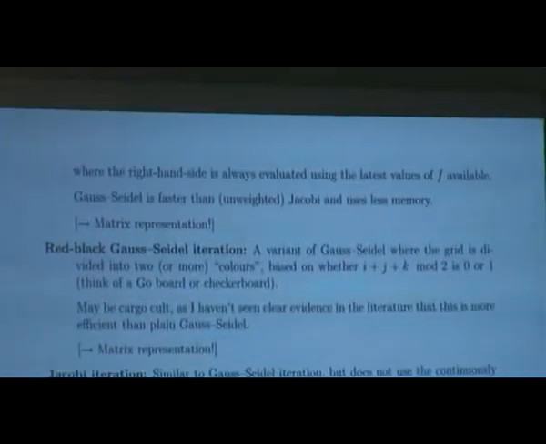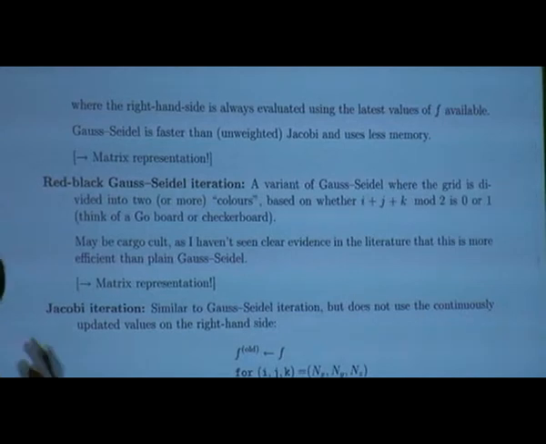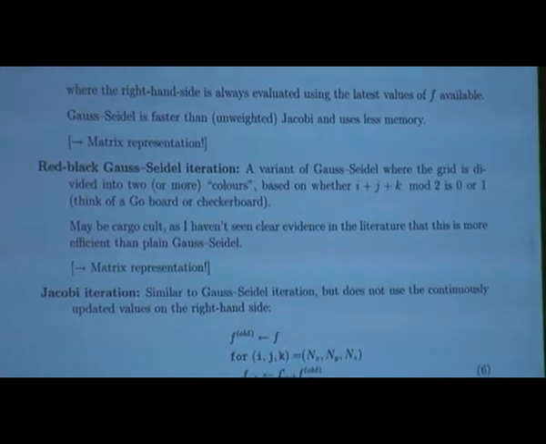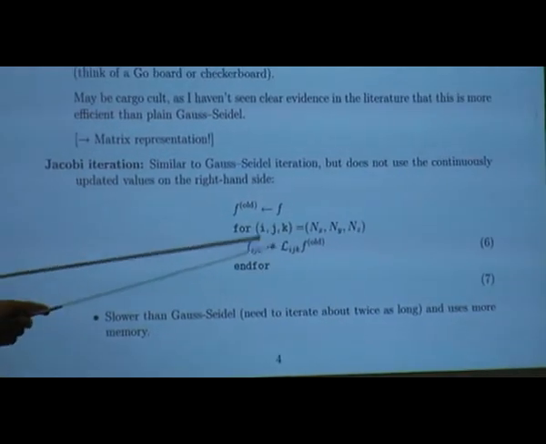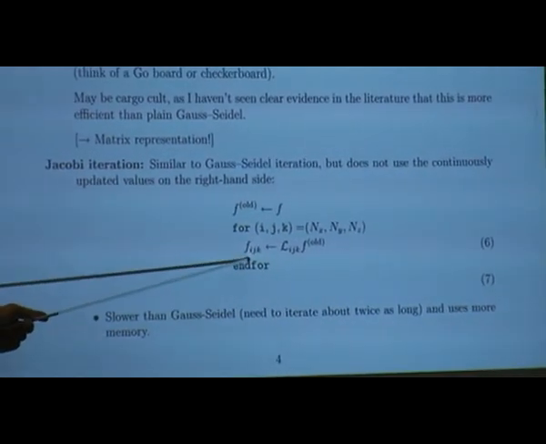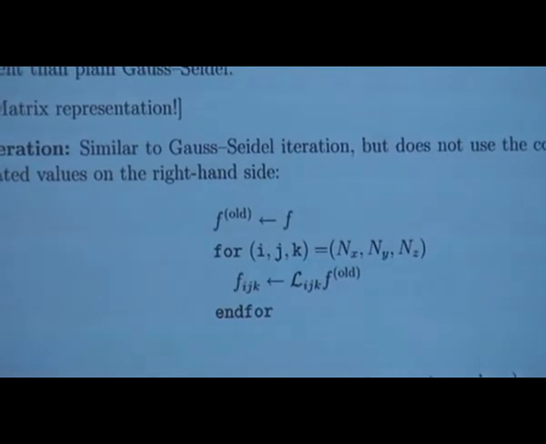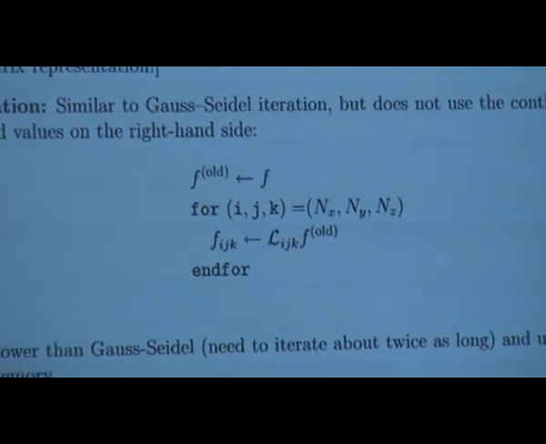Okay, in the literature you find lots of applications, lots of discussion of a different iteration scheme where you do not update in real time, but you calculate the new F values for the whole grid based on the old F values that you had, and only then you update. That's not interesting in practice.